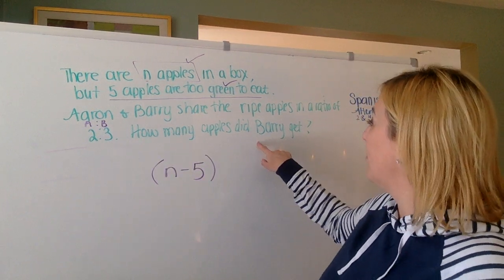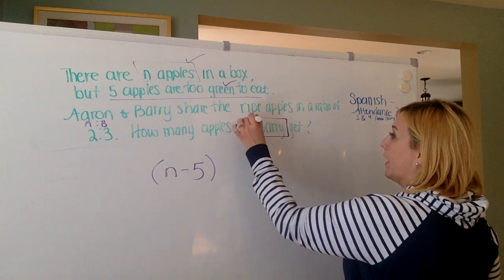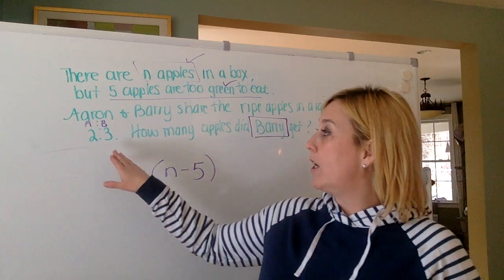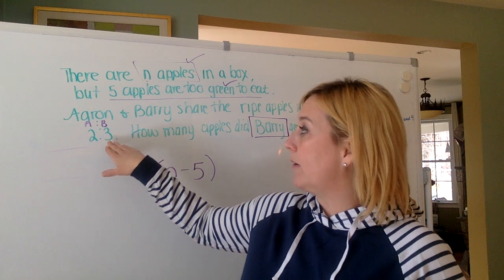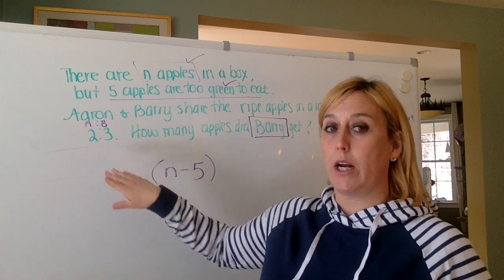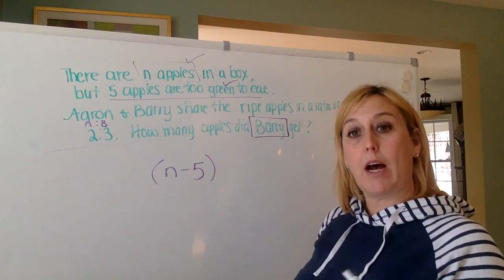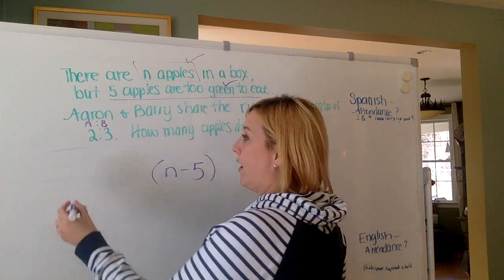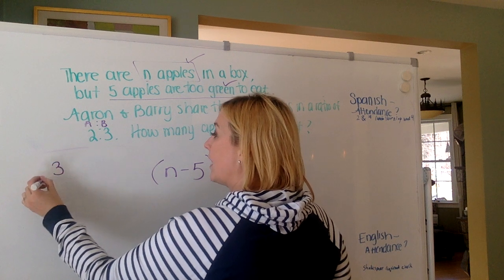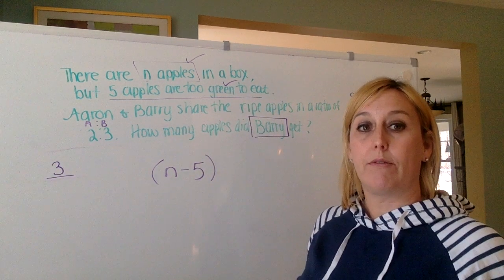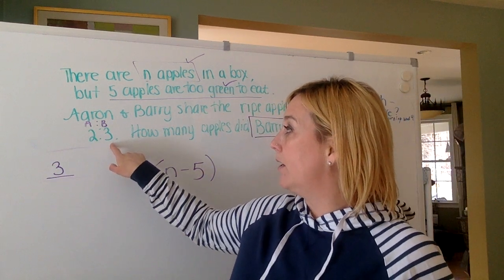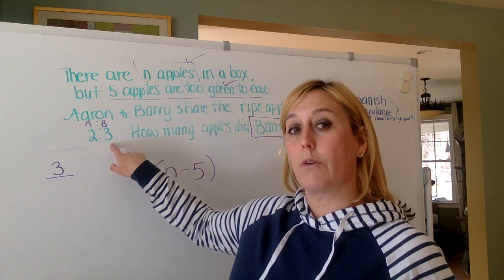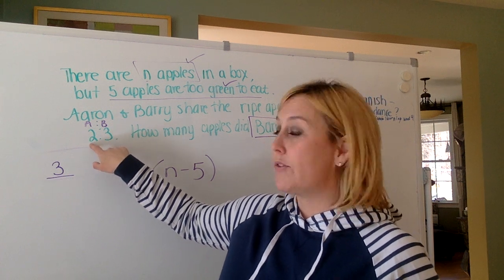But we want to know how many apples Barry got. And what we know is that Aaron got 2 for every 3 that Barry got. Remember we talked about how you set that up as a fraction, right? A ratio is the same as a fraction. Barry gets 3 apples out of how many? This is the part. Well, what is the whole? The whole is 3 plus 2, right?